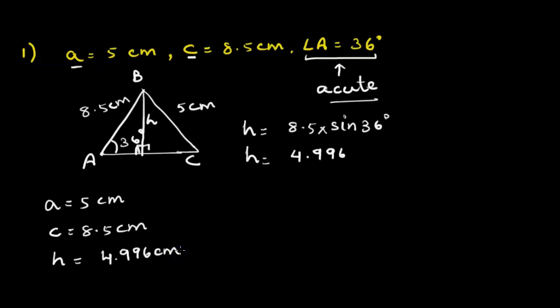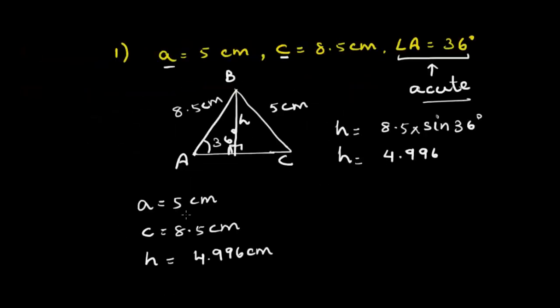So going back to the acute triangle cases, we notice here that the A value and h value are almost similar. Therefore, we always have to remember that whatever sides we are comparing, they should look alike. So this is a whole number side, whereas this is a 3 decimal place side. So we would round this to the nearest whole number, and that would give us 5 cm itself.